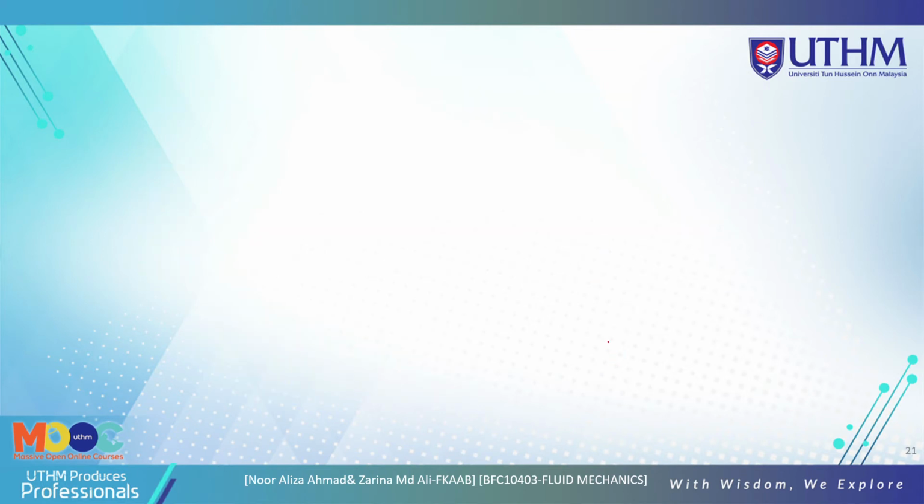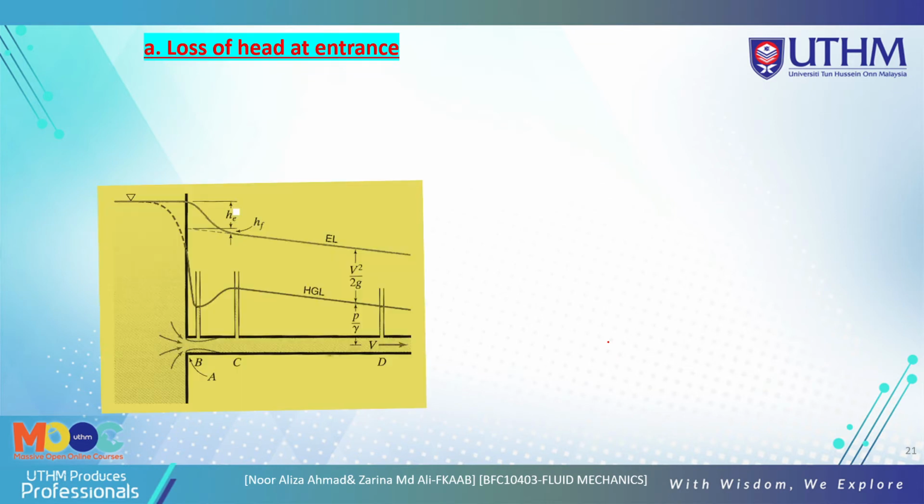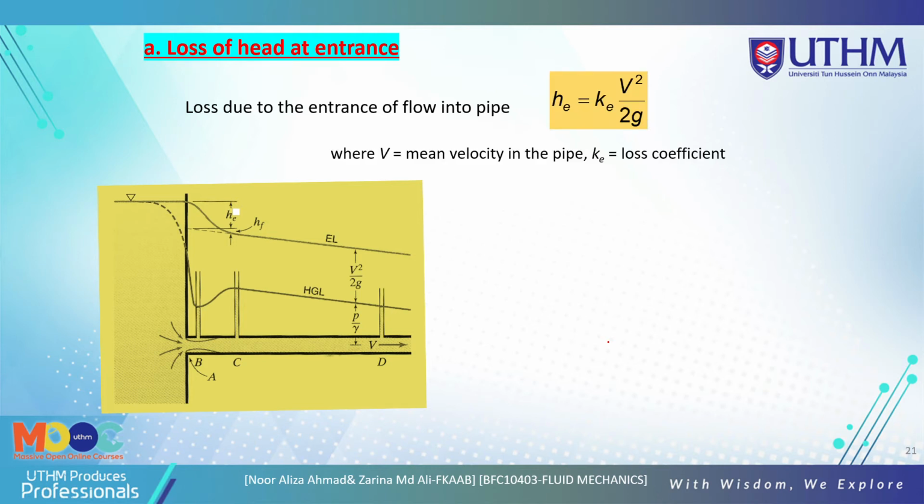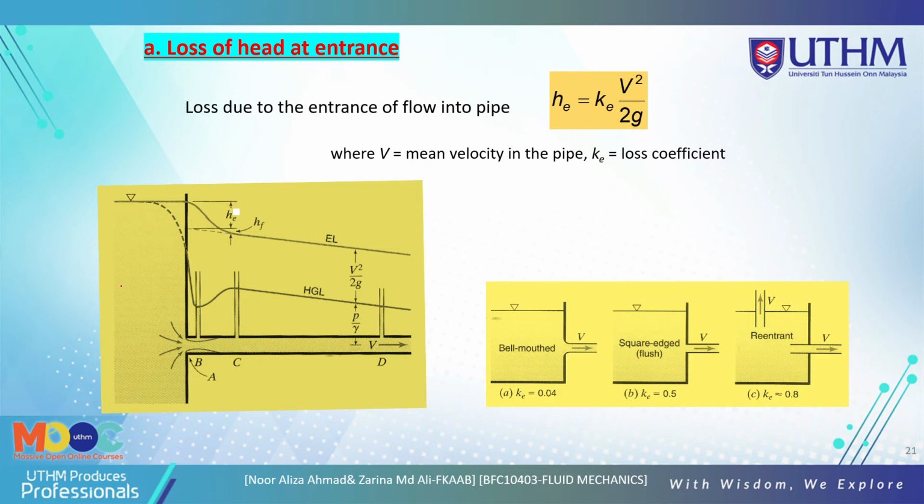Okay. So the minor losses are also based on the loss of head at entrance. The head of entrance here. Okay, so this is at the entrance. Flow also enters at the bell mouth, at the square edge flush, and the re-entrant.